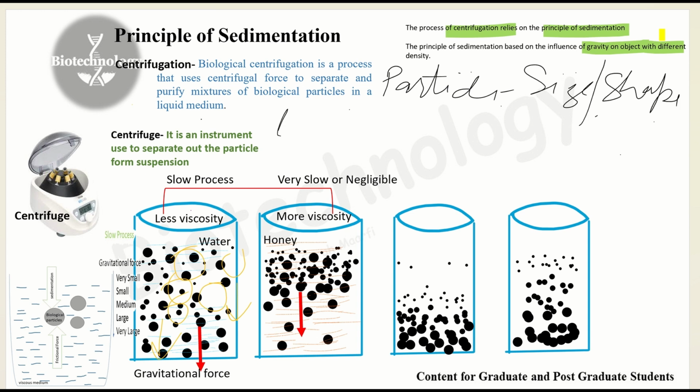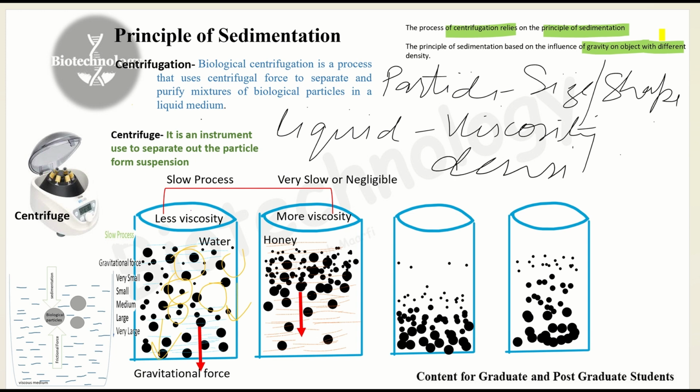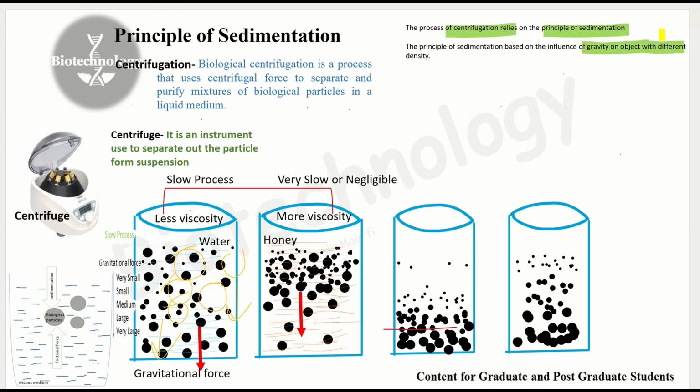And for the liquid in which it is suspended, it is viscosity and density. So these are the four factors that decide the rate of settlement of the particle present in any liquid. As we see here, the larger and the denser objects experience a greater gravitational pull and sink faster compared to the smaller or less dense molecules, or you can say the particles.